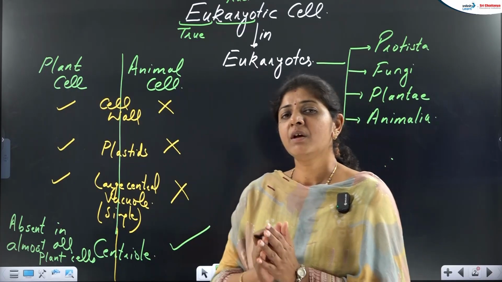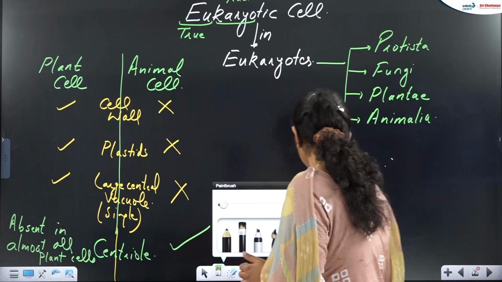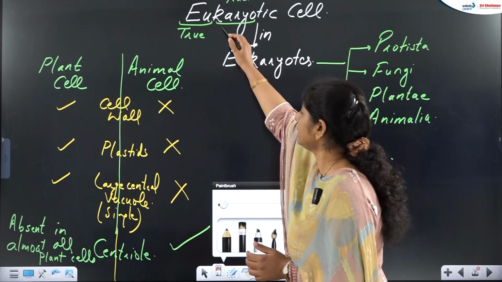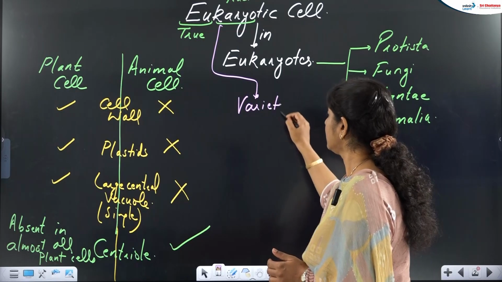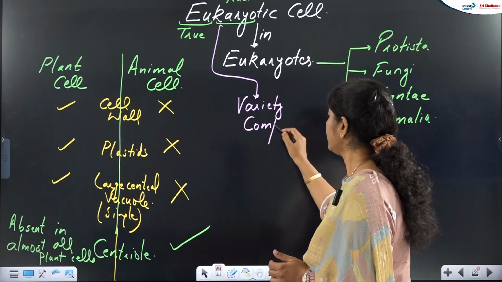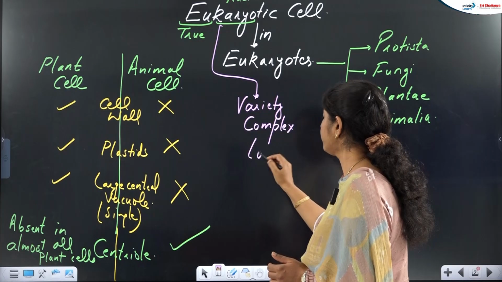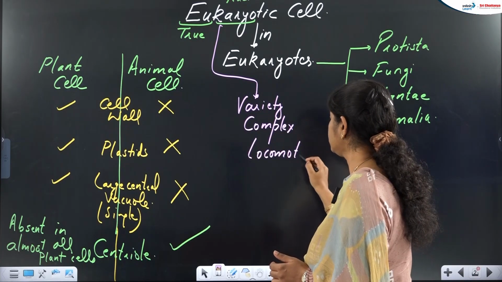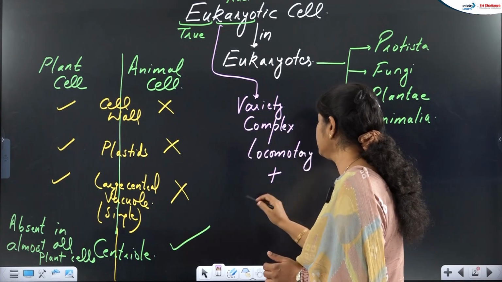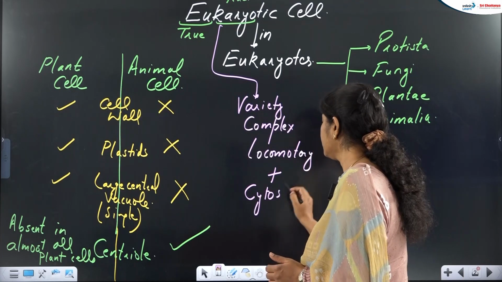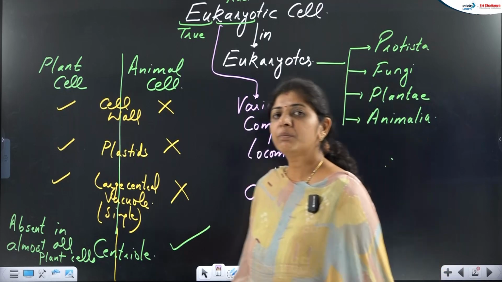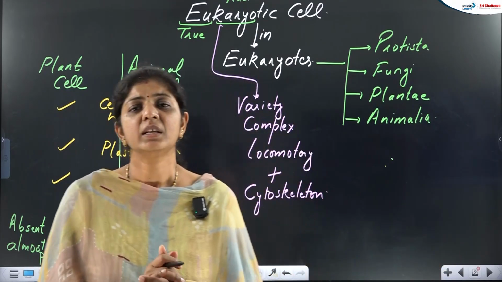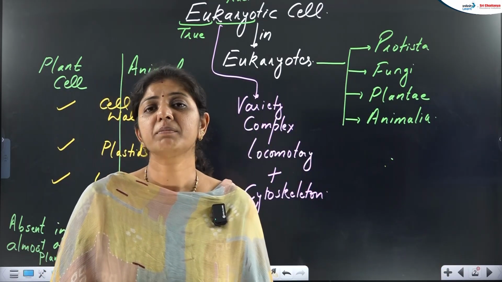Even the eukaryotic cells will show a variety of complex locomotory structures and even the cytoskeleton. These things are absent in the prokaryotes. In the prokaryotes, the locomotory structures are not much complex.